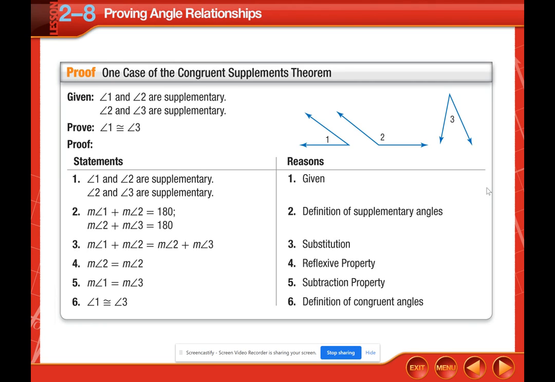Given the definition of supplementary angles, I can state that the measure of angle 1 plus the measure of angle 2 is 180, and the measure of angle 2 plus the measure of angle 3 is also 180. Then using substitution, I can say that the first statement in 2 and the second statement in 2 are equal to each other since they're both equal to 180.